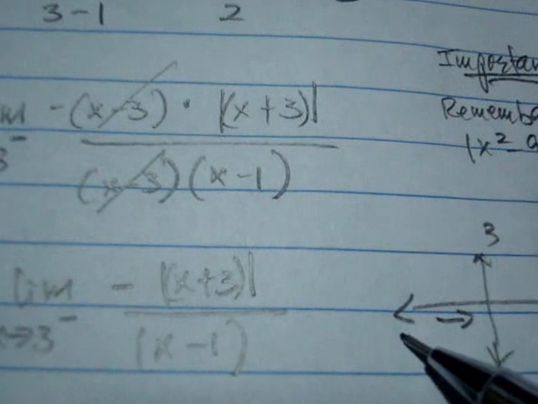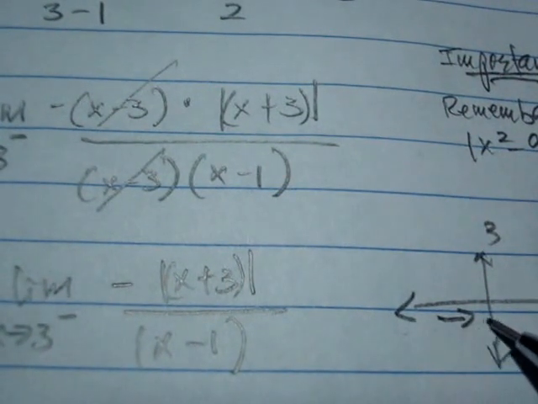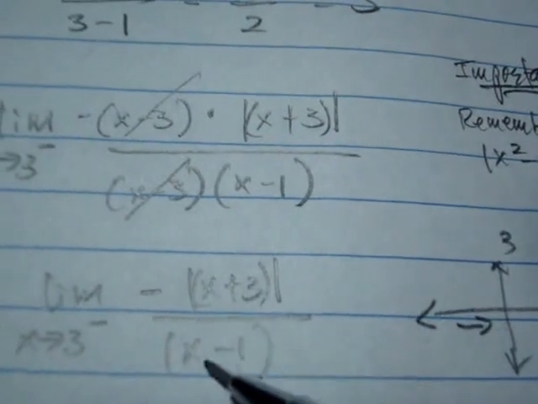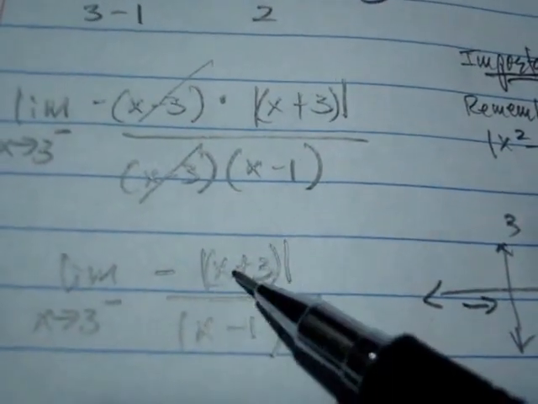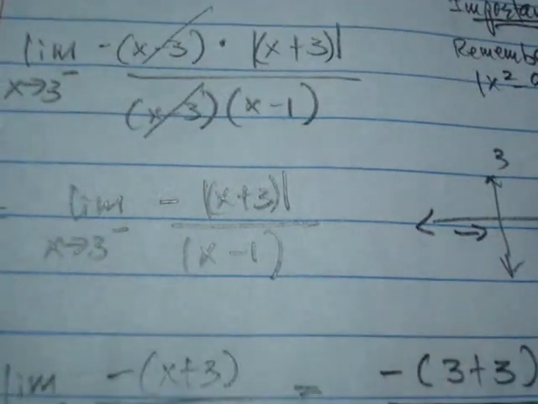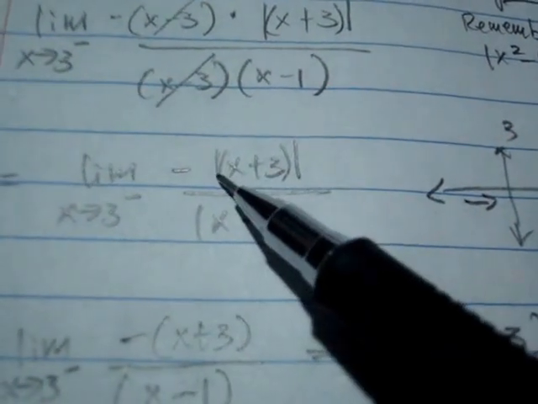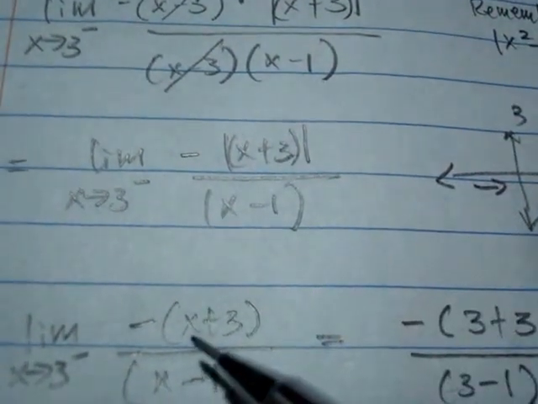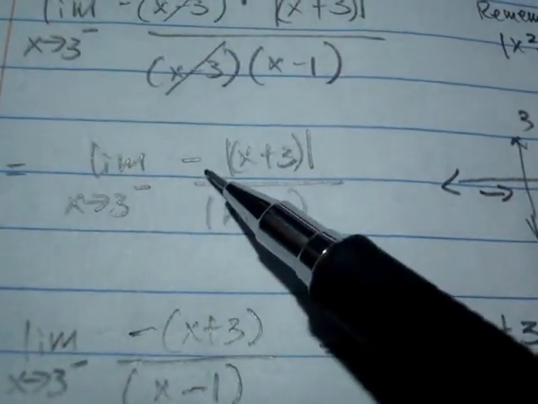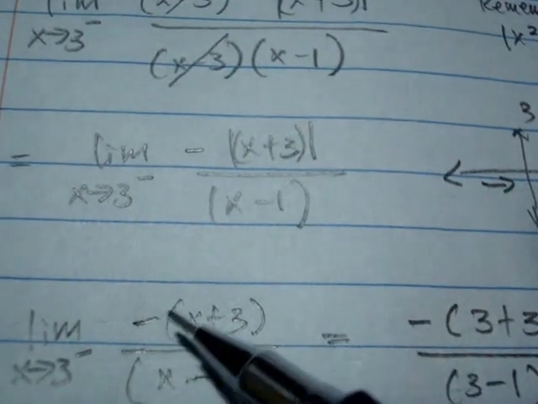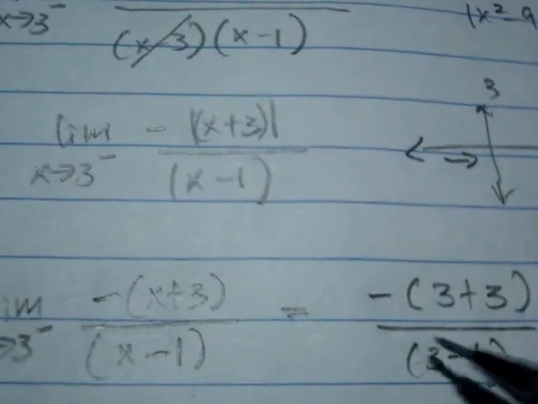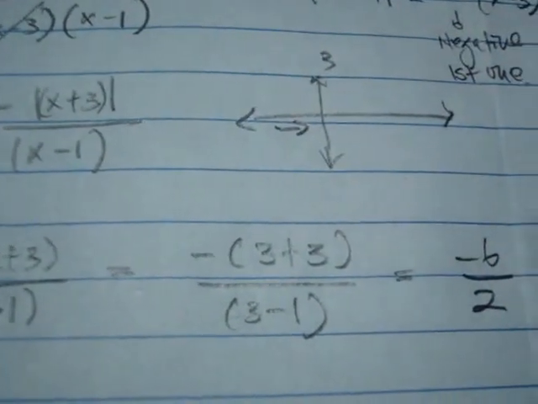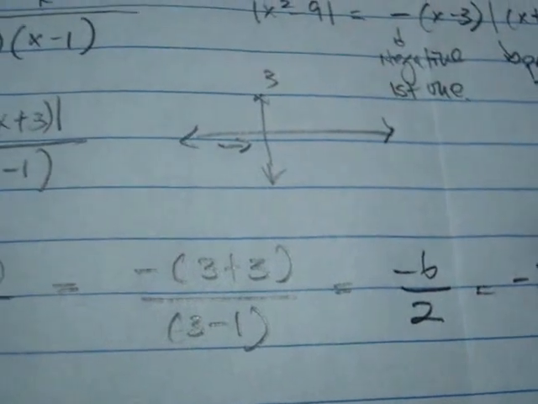So you plug in the 3 for every x that you see and then solve. The absolute value of the parentheses x plus 3 will become x plus 3, but you still have the negative right here. And then you just plug it in. So it will be negative 6 divided by 2, which is negative 3.